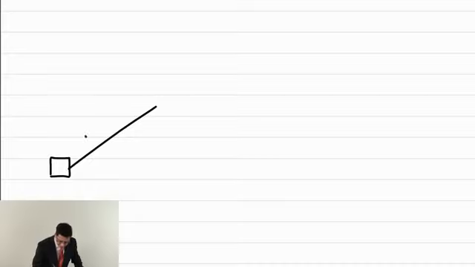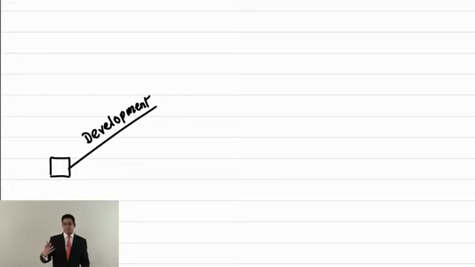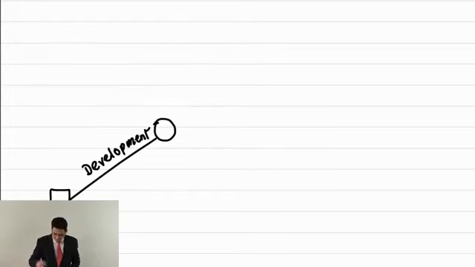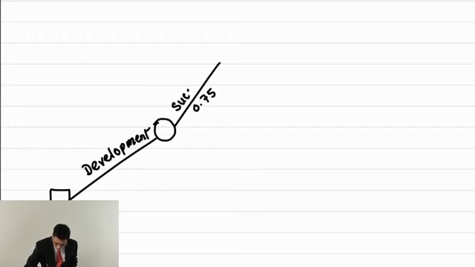Now here is, I'm thinking, should I develop or should I not develop? So here is the development. Then let's say I go for development. If I go for development, one of the two things may occur, okay? 0.75 or 75% chances that development may be successful, okay?